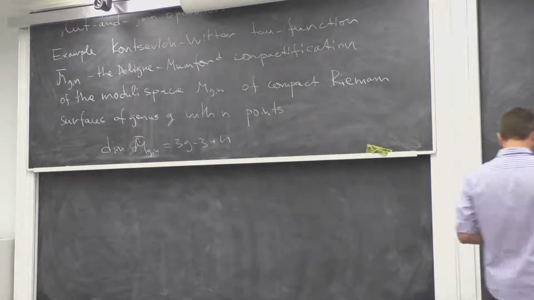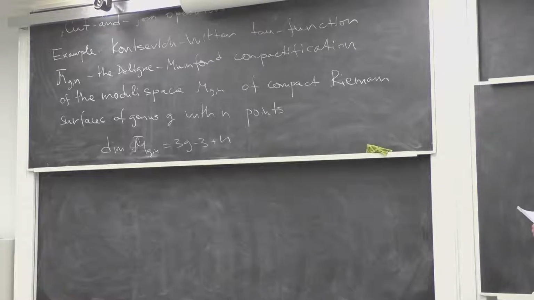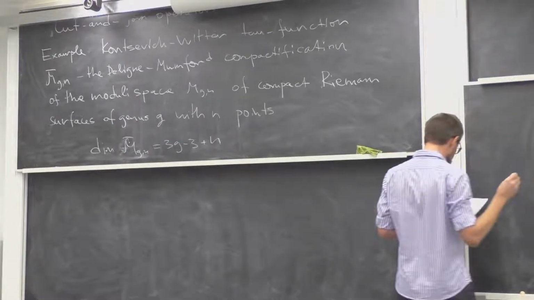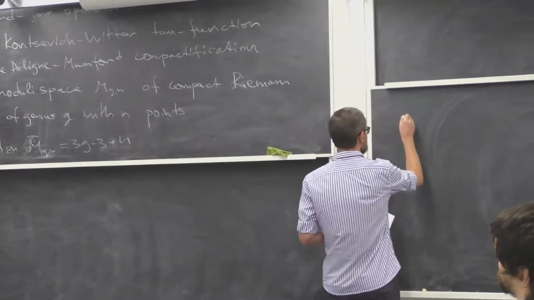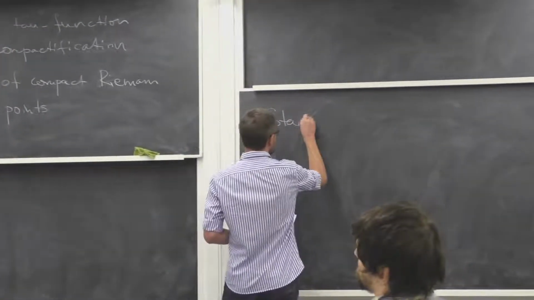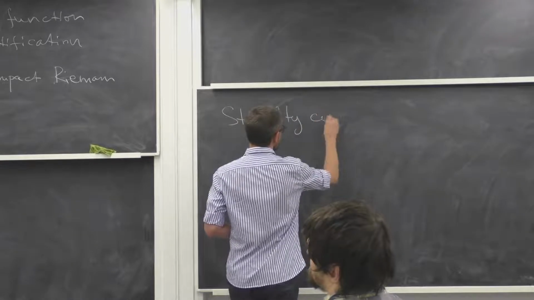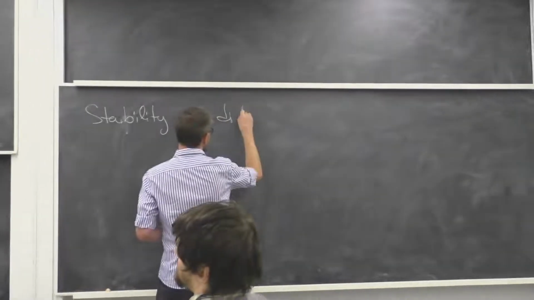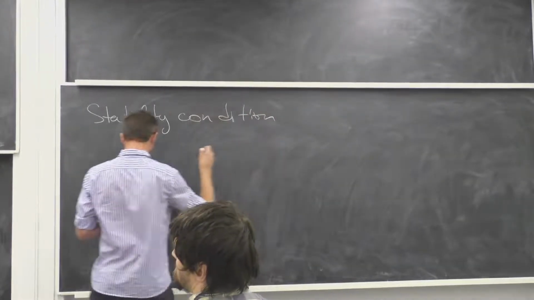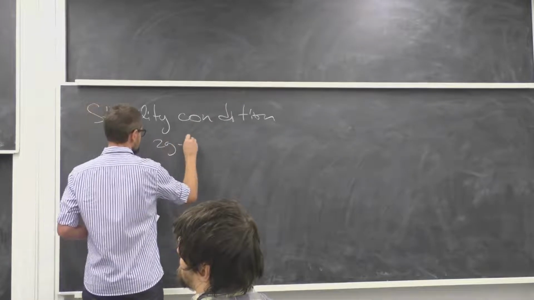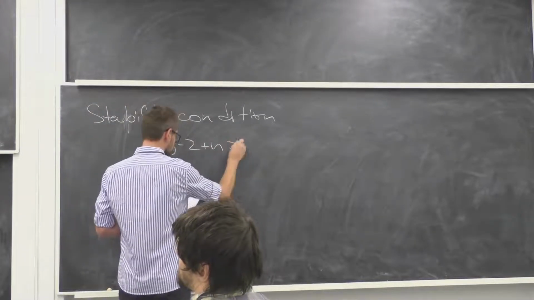Let me mention from the very beginning, we have a stability condition: 2g minus 2 plus n should be positive.